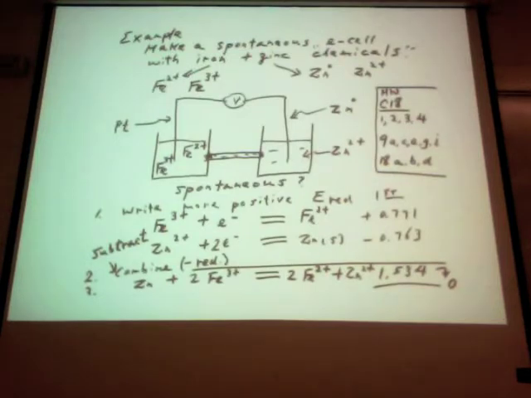While this one could be some other half reaction here. Let's say it's a plus 0.123. Then this one is still lower than that, and therefore no difference. So this one is going to be written below.